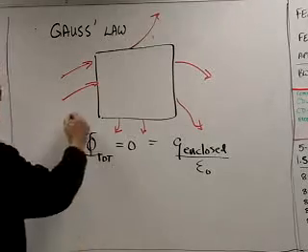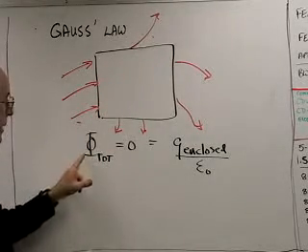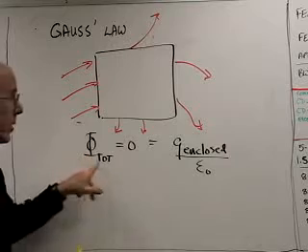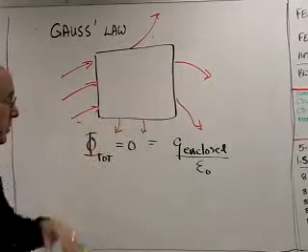If I measured the electric flux in and out of that box and found that the total flux was 0, that means that the sum of all the charges inside the box has to be 0.